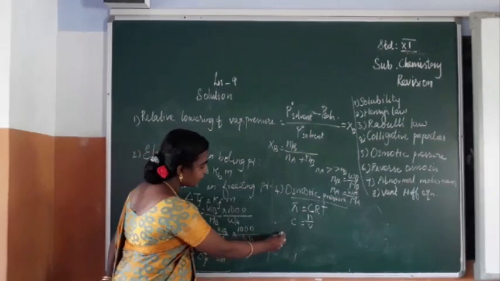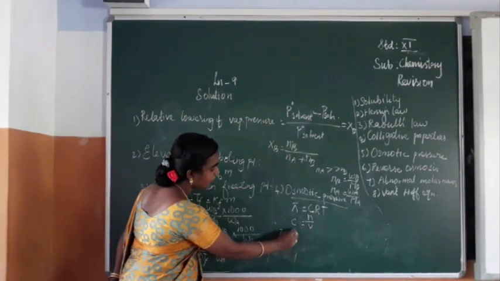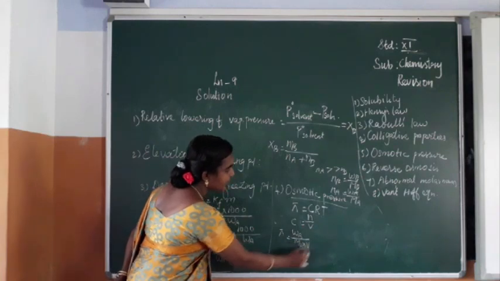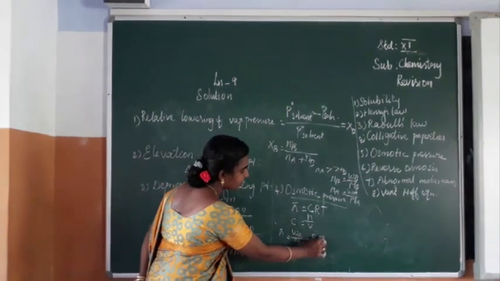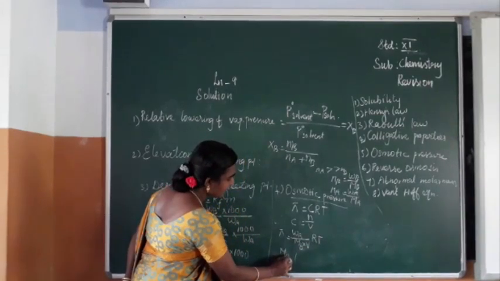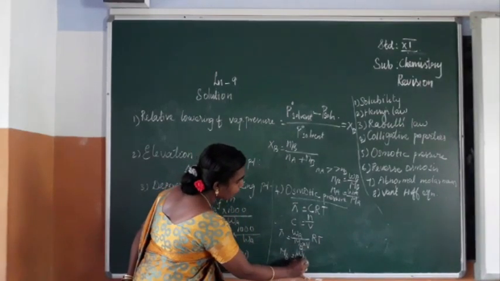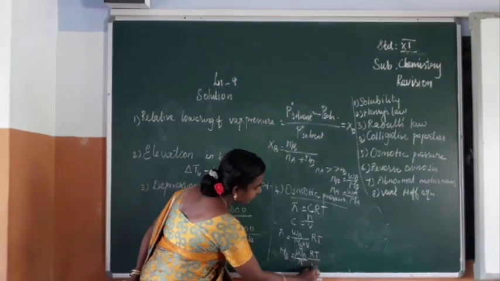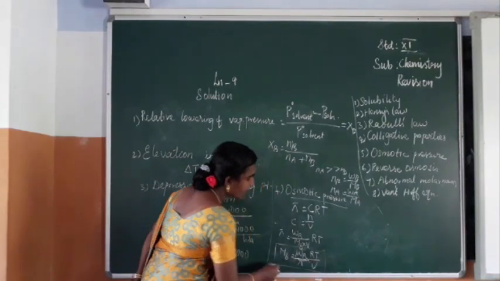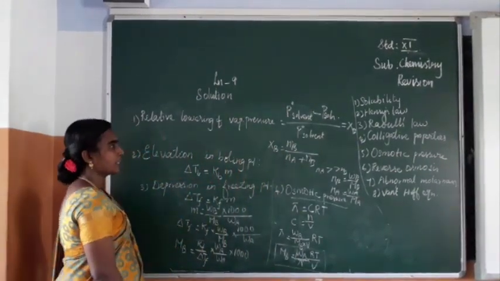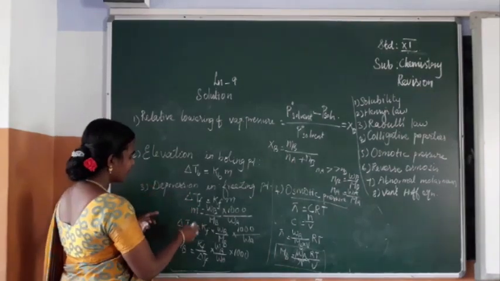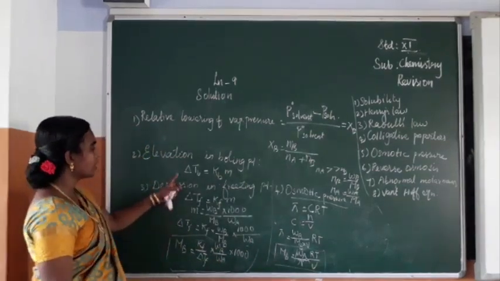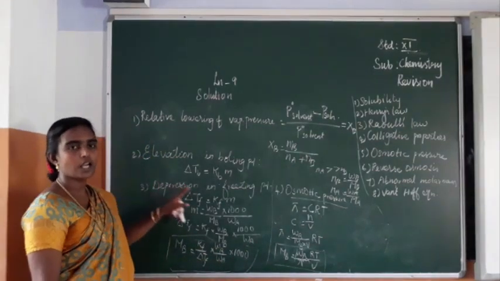So pi is equal to WB by MB into V, RT. After rearranging, MB is equal to WB by pi into RT by V. This equation gives the molar mass of the solute using osmotic pressure. So these are the important formulas used for the calculation of molar mass.